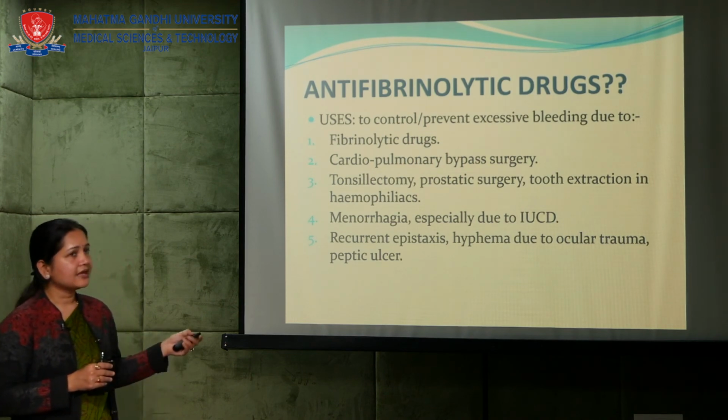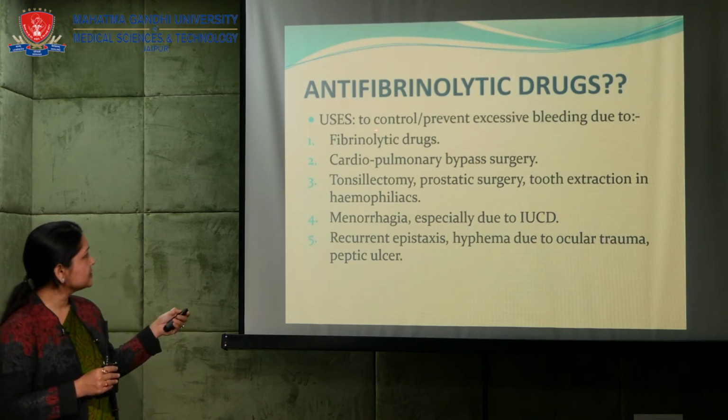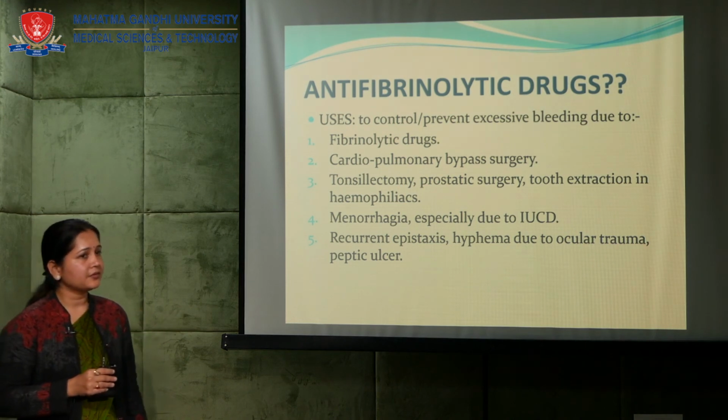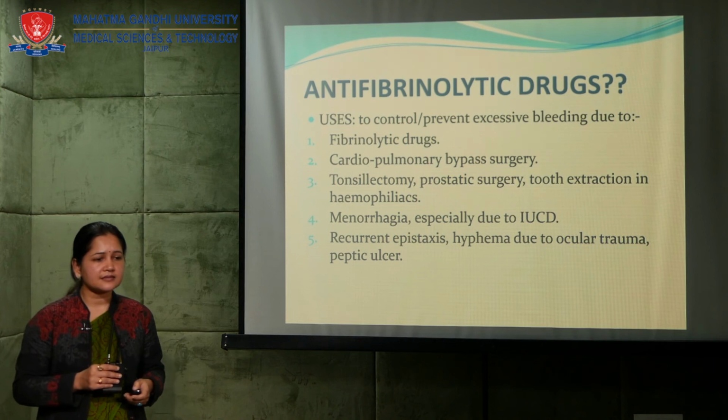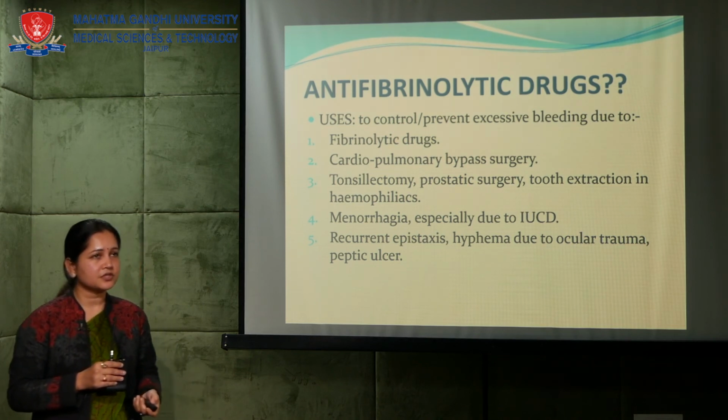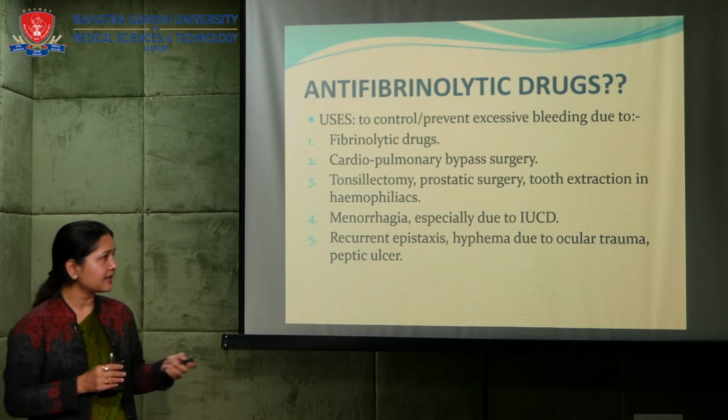Now coming to the antifibrinolytic drugs, you have epsilon aminocaproic acid and tranexamic acid. We prefer tranexamic acid more because it is 7 times more potent than epsilon aminocaproic acid.